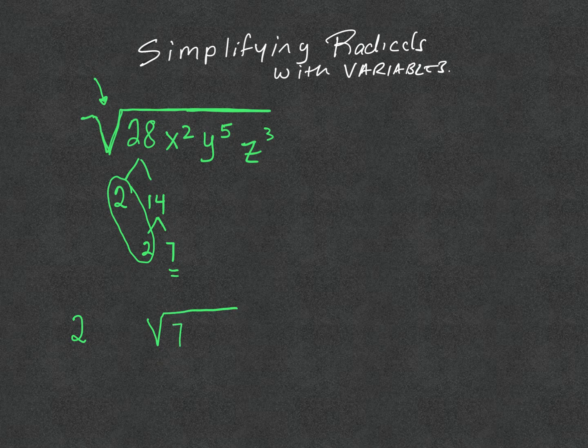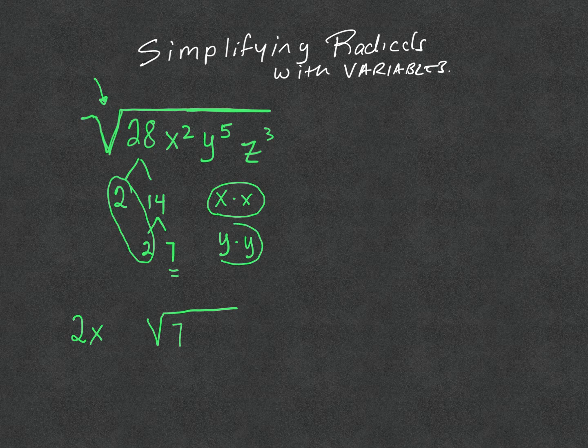The next variable that we have to deal with is x times x. And we notice that we have a pair because the index is 2. We're trying to find the root, so it's going to be x. Y to the fifth is interesting. We have y times y.